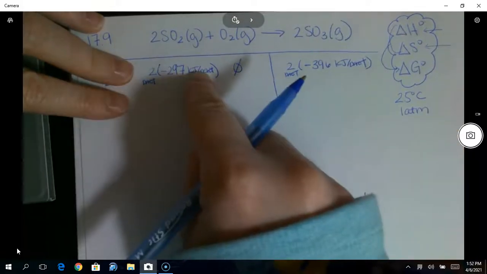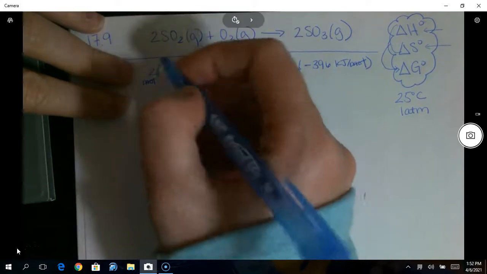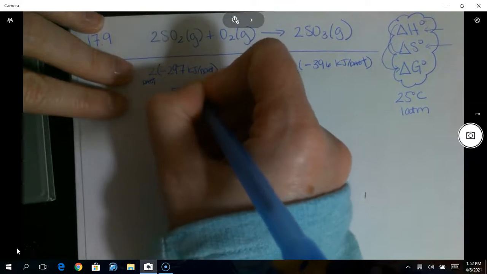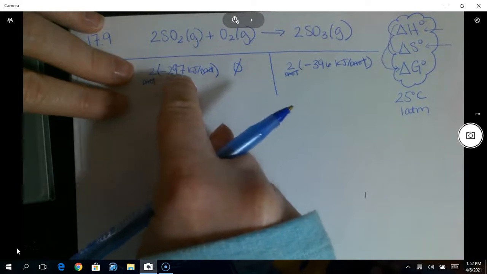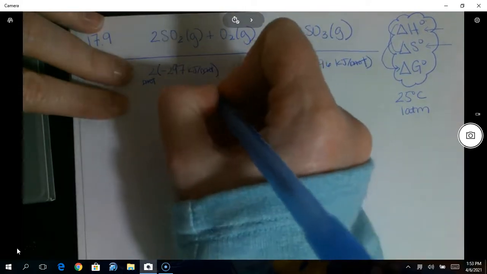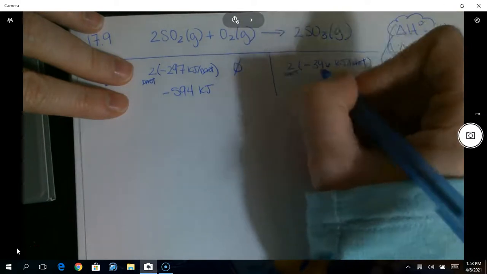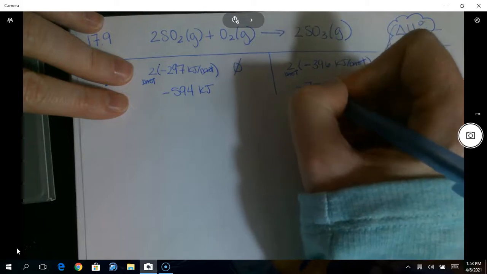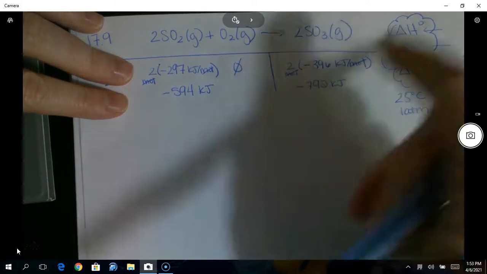So the molar formation on this side is going to be negative 594. So I've got 2 times negative 297. This is kilojoules. Over here, I've got 2 times negative 396. So this is going to be negative 792 kilojoules.